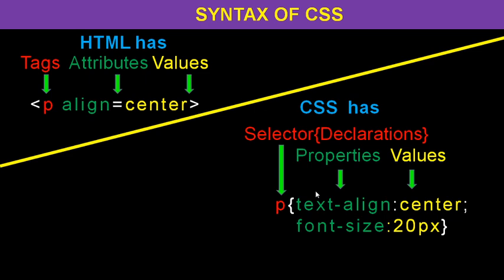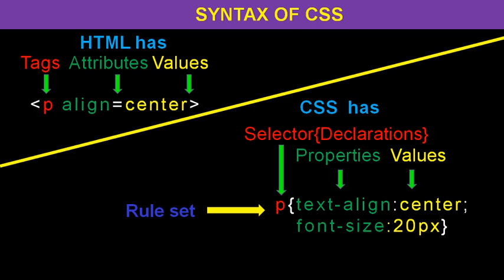That means, students, here we are writing property name, colon and its value, semicolon, the property name, colon and its value, and so on. So here there are two declarations. So the whole syntax together is called a rule set. So when we are using internal or external CSS, we need to specify the rule sets.